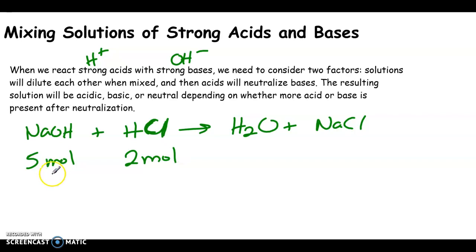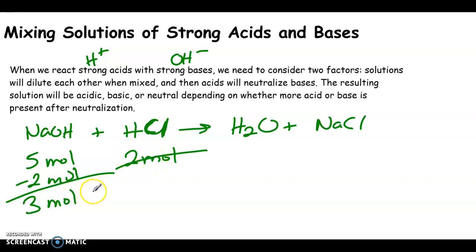So what ends up happening is 2 out of the 5 moles of NaOH would be used to neutralize this HCl.